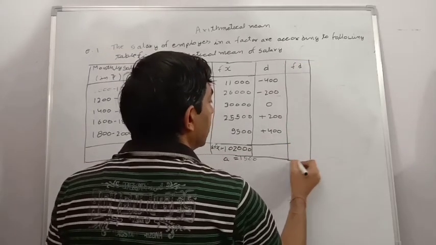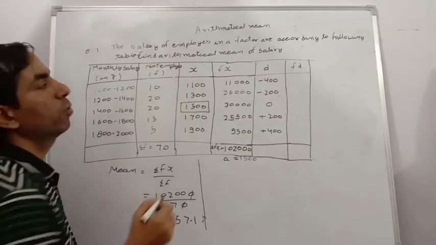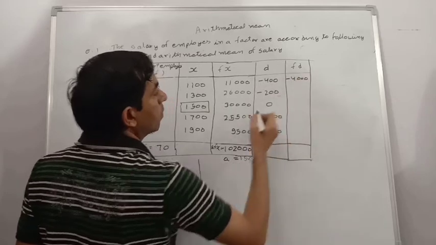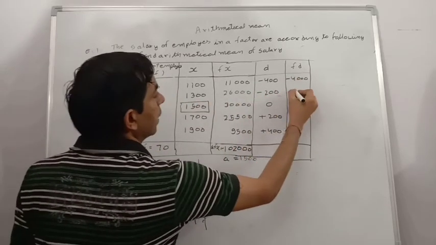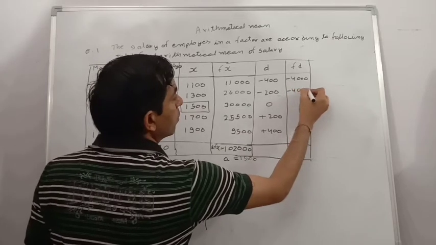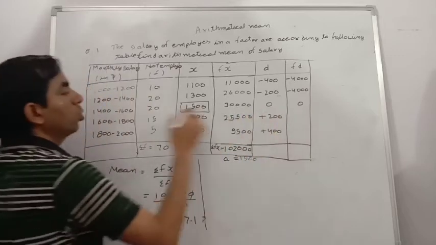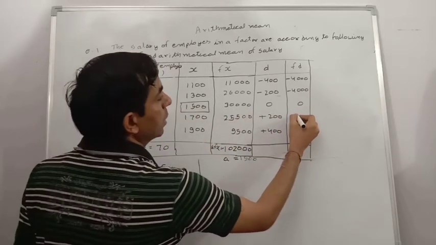f multiplied by D: 10 multiplied by minus 400 is minus 4000. 20 multiplied by minus 200 is again minus 4000. 0 multiplied gives 0. 15 multiplied by 200 is 3000.